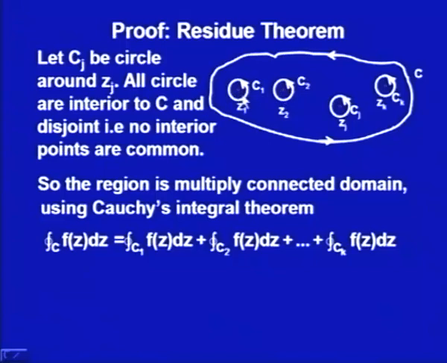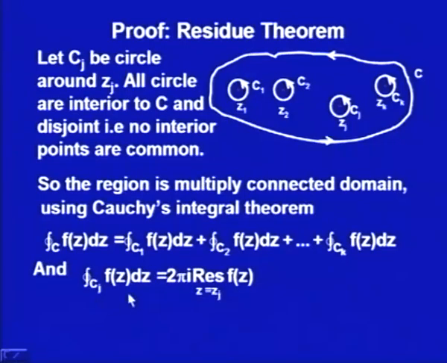Similarly, since we have taken these contours or these circles such that there is no other singular point inside them, and f remains analytic at all the points except at its point of singularity, for each C1, C2, Cj, Ck this residue integral formula can be applied. So, for Cj, the integral of f(z) dz would be 2 pi i times the residue of f(z) at z equal to zj.